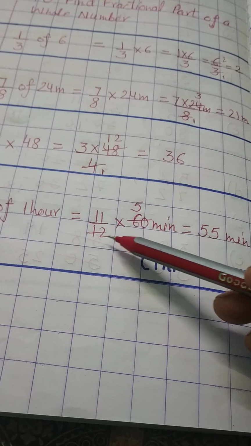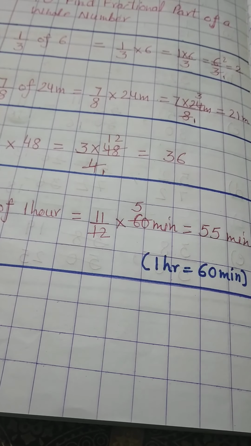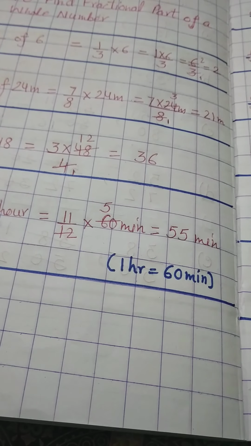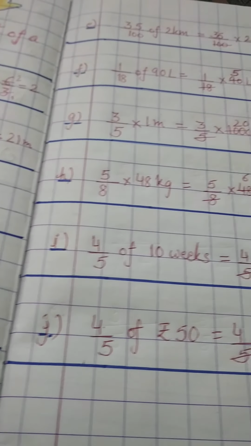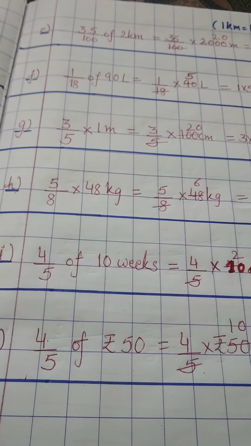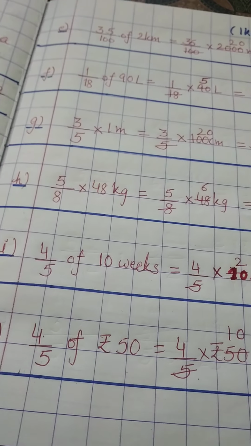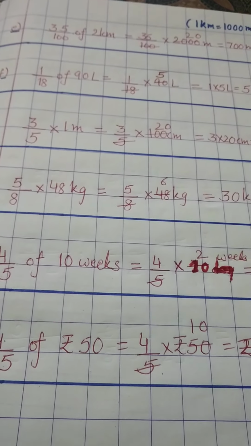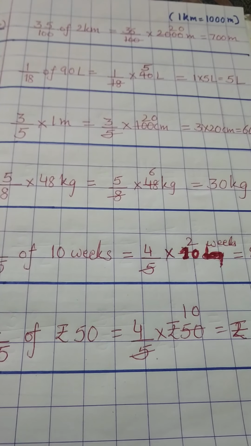So here 12 fives are 60, and 11 fives are 55 minutes. So 55 minutes is the answer. So keep that in mind: if the unit is bigger and the part will come in a lower unit, we will change it into the lower unit.